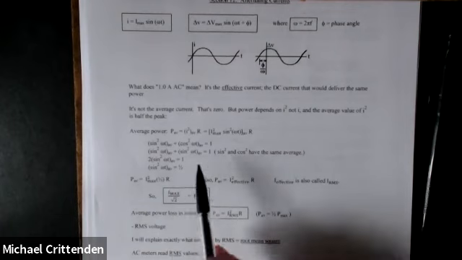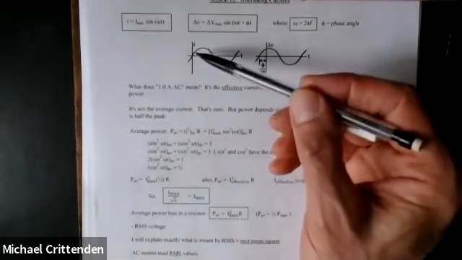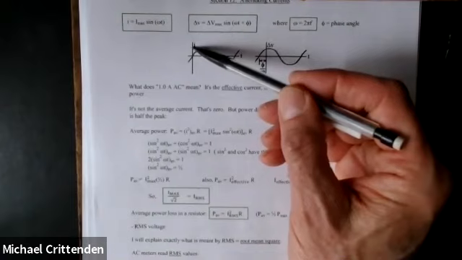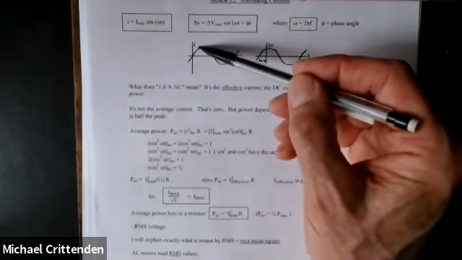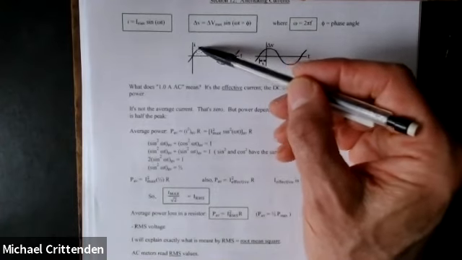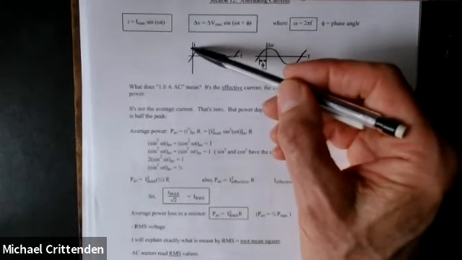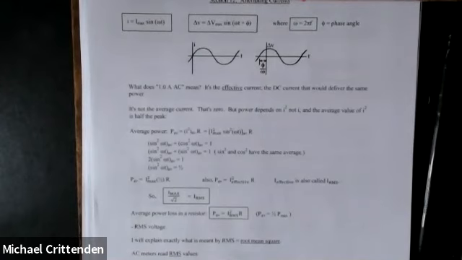Voltage behaves the same way. Square root of 2 is around 1.4. So that's what I meant when I said that if you have 1 amp in a wire, this graph actually peaks out at about 1.4 amps, 1.41 amps, if you want to get a little more precise about it.